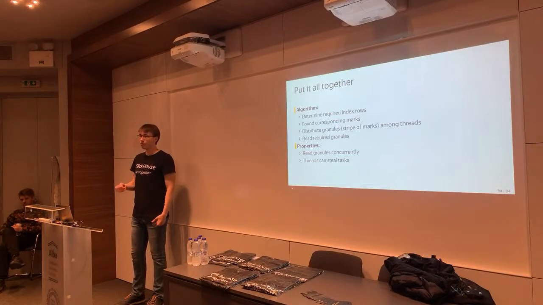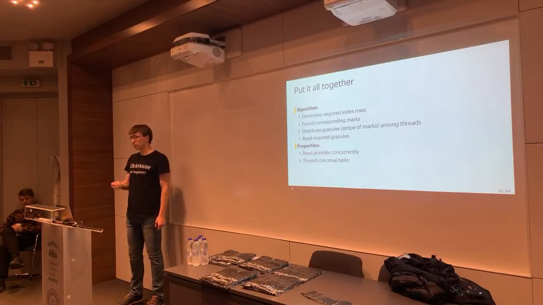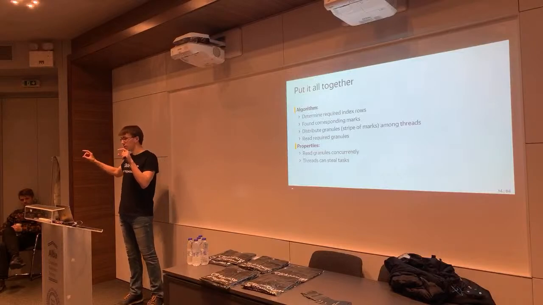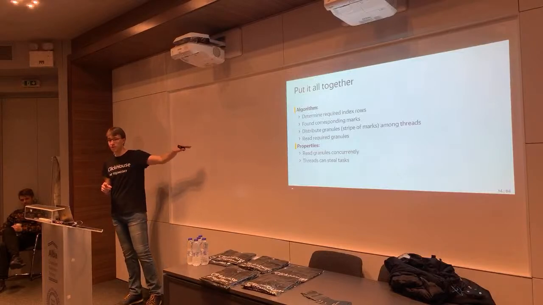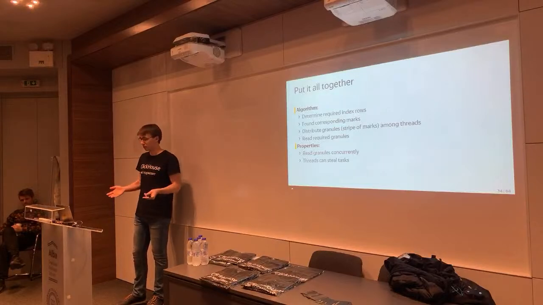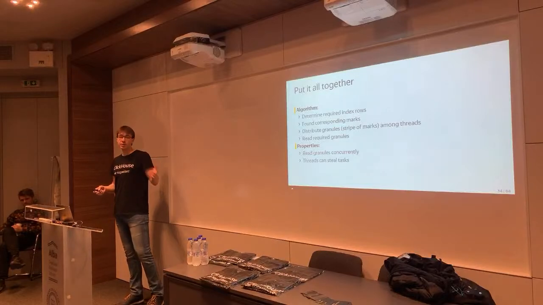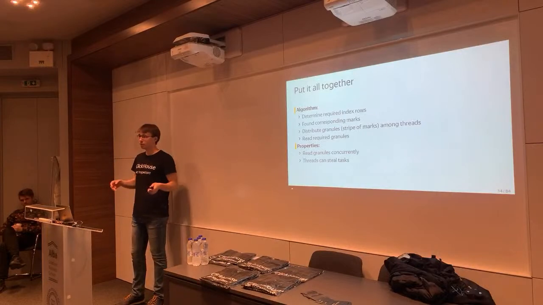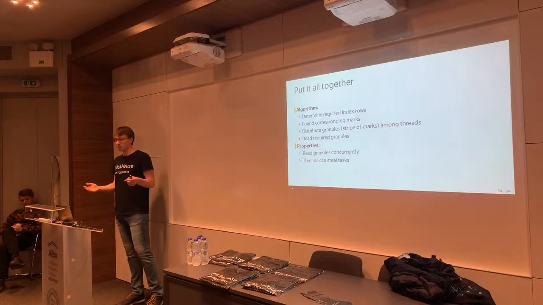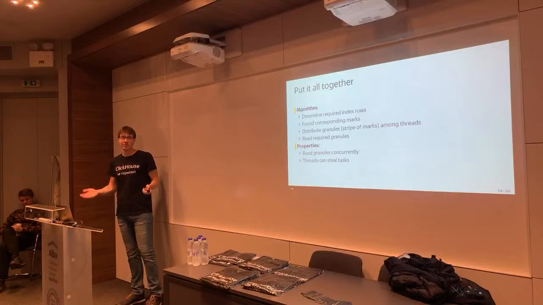The unit of our distribution is called a granule. A granule is just a stripe of marks between all required columns. I'll show this on the next picture. After we have distributed our data, we can read it concurrently. And also, if we didn't distribute our data evenly, threads can help each other and steal tasks. So the query will be executed much faster.